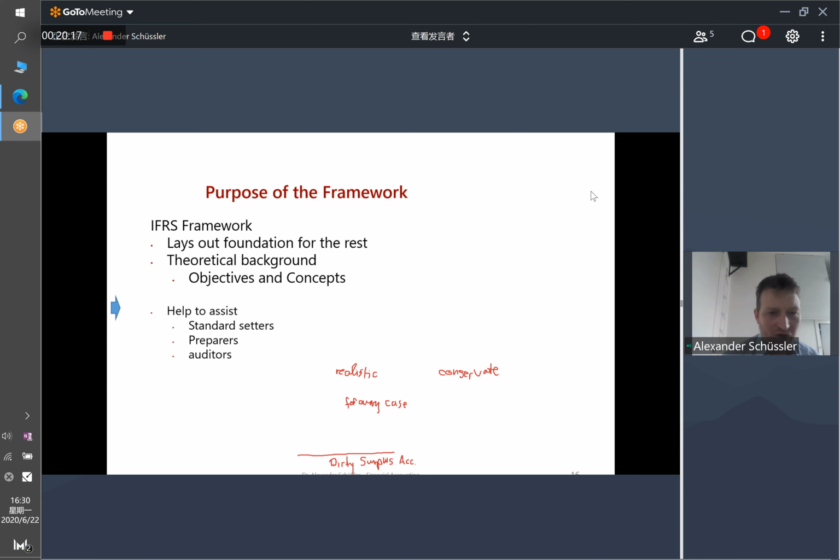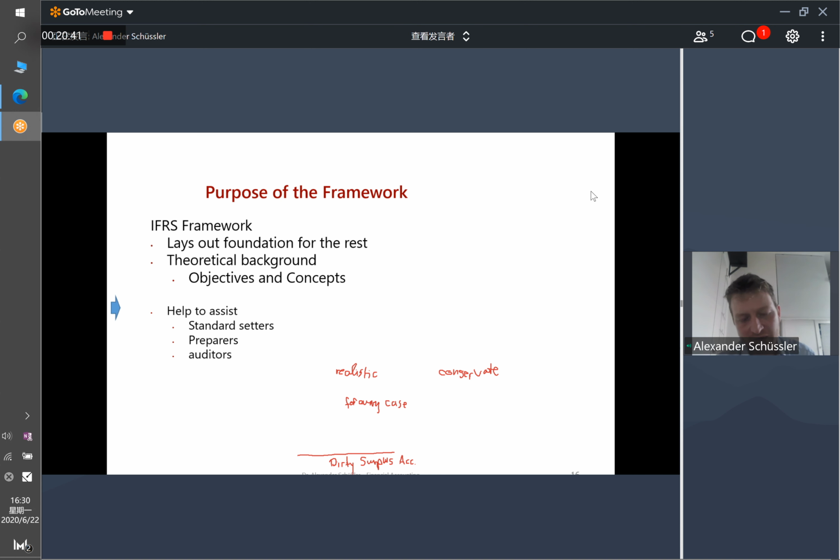What is the purpose of the framework? Yeah, let's go back to IFRS. What is the purpose of the framework? The framework lays out the foundation for the rest of the standards. It's not an accounting standard. It's more like the theoretical background.